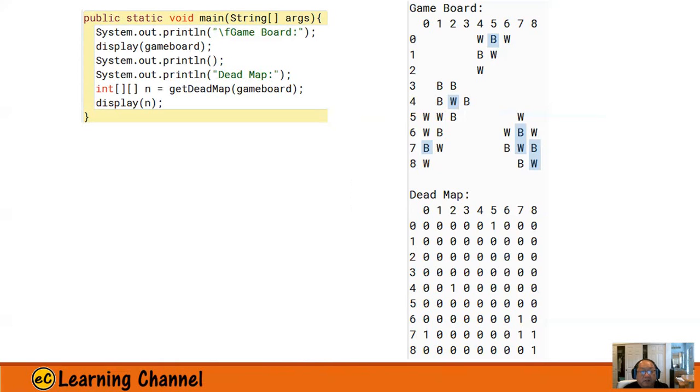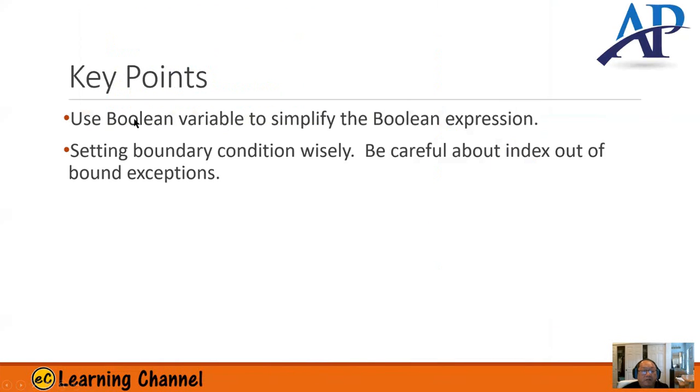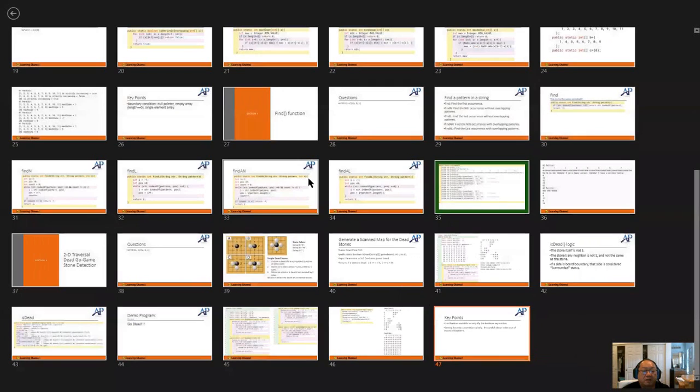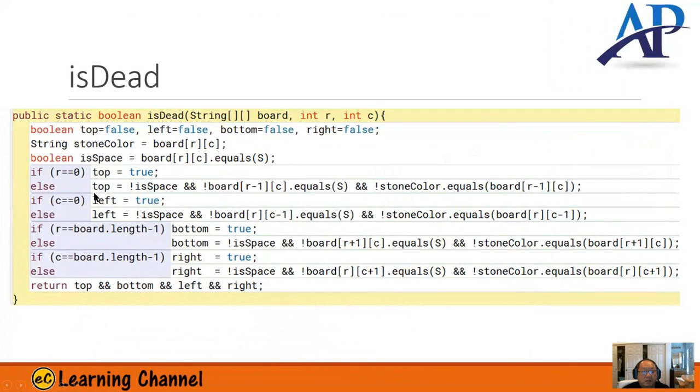But something I still want to mention is the key point: using Boolean variables to simplify the Boolean expression. For each Boolean variable, you need to choose the name so that you understand what it is. Also you need to set the boundary condition wisely. What does wisely mean? When I check the boundary condition, I'm not going to run through the whole boundary, I just use the top.